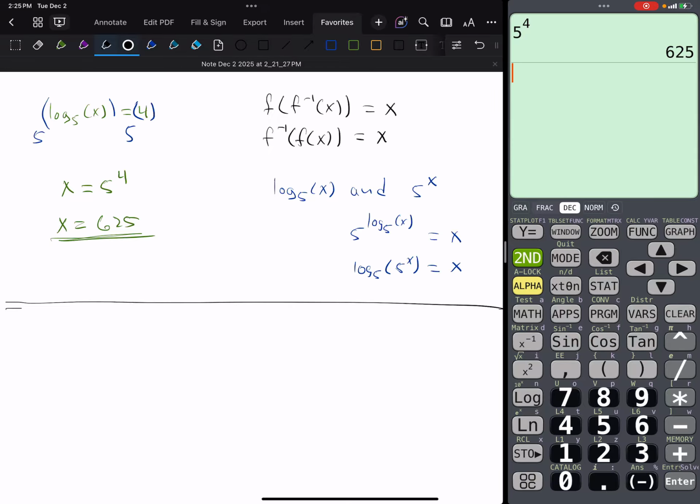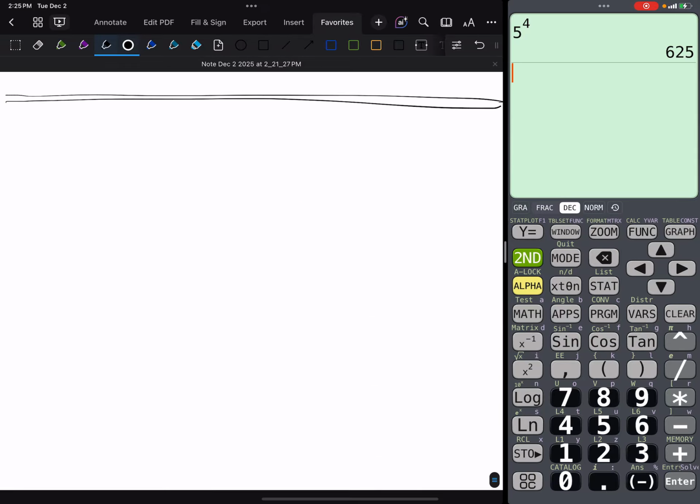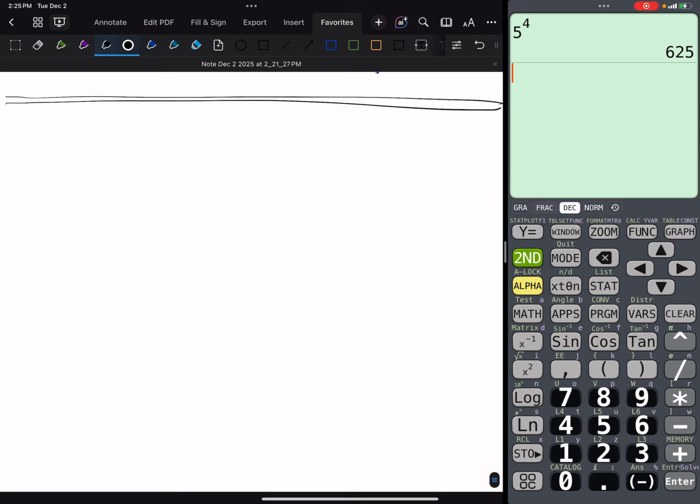Let's try a slightly harder problem. See if we can reason through it the same kind of way. Let's look at something like log base 2 of 10 plus 3x equals 5. Once again, my variable is hidden within the argument of my logarithm.